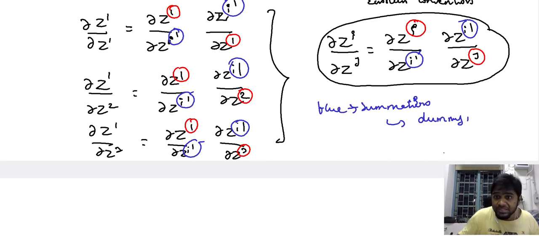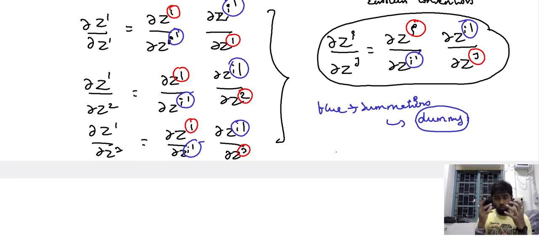So therefore these are expressed as the dummy indices. And the ones in the red that demand a separate expression, whatever be the combination of values the red indices assume, they demand a separate expression. These are referred to as the live or free indices.